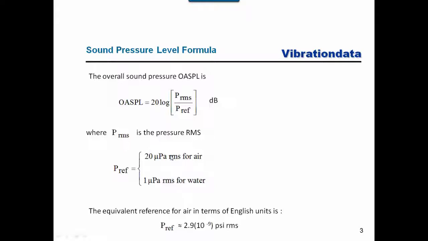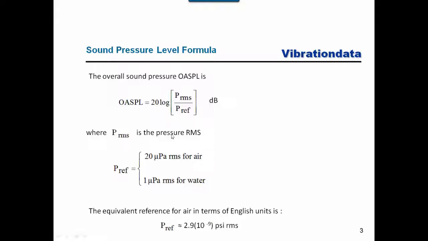Today, instead of using pascals, we're actually going to be using English units, so we're going to have our pressure in terms of PSI. The equivalent reference value for air in English units is approximately 2.9 times 10 to the minus 9 PSI RMS.